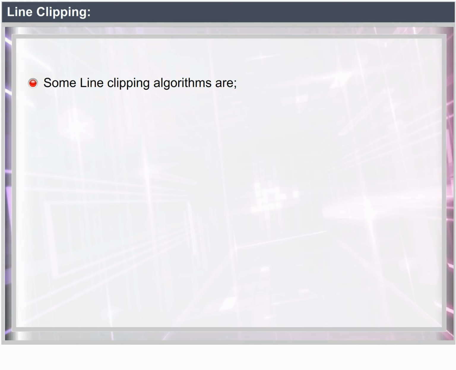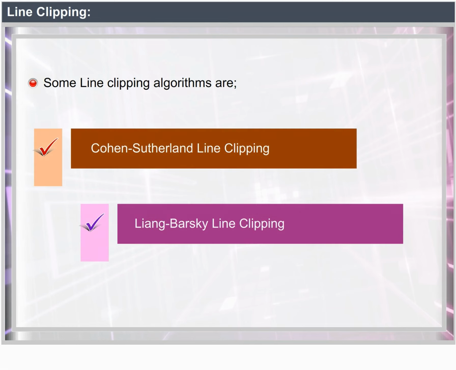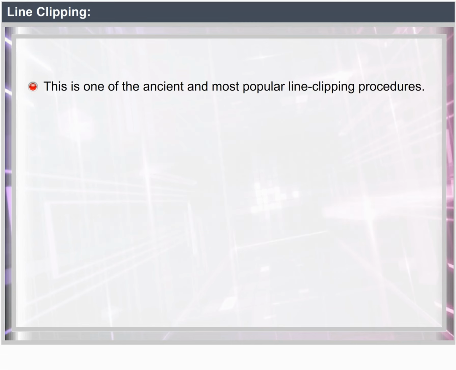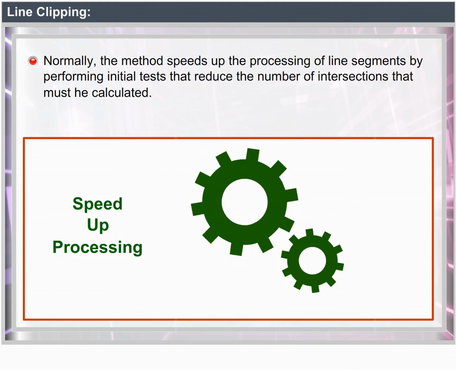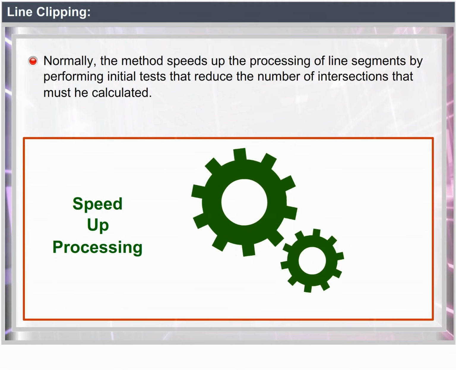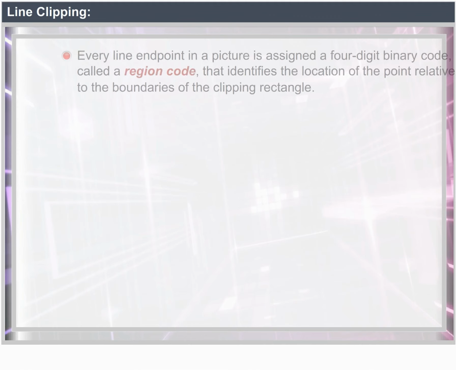Some line clipping algorithms are Cohen-Sutherland line clipping and Liang-Barsky line clipping. Cohen-Sutherland is one of the oldest and most popular line clipping procedures. Generally, the method speeds up the processing of line segments by performing initial tests that reduce the number of intersections that must be calculated.